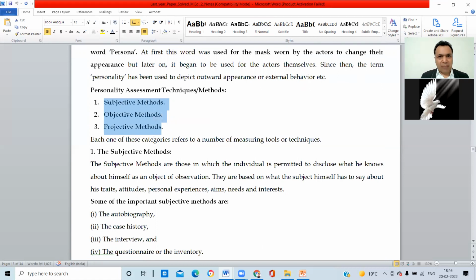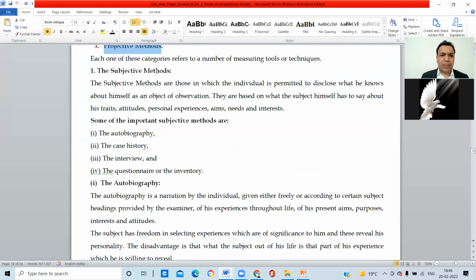What comes in the subjective method, what comes in the objective method, what comes in the projective method, you have to explain by making headings. For example, under the subjective method, it includes four things. Autobiography, it is a subjective method. Okay, the case history, interview, questionnaire, right?